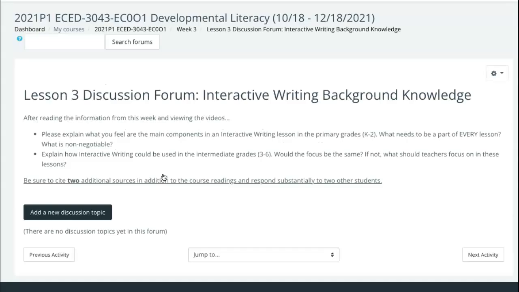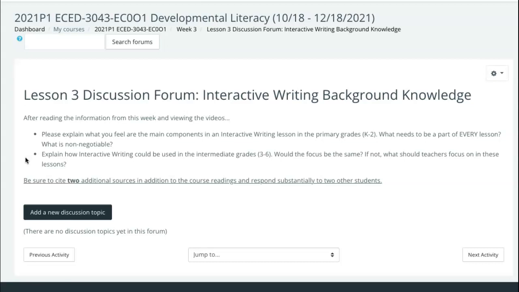Discussion forum. Please explain what you feel are the main components in an interactive writing lesson in the primary grades, K2. What needs to be part of every lesson? What is non-negotiable? Explain how interactive writing can be used in the intermediate grades.